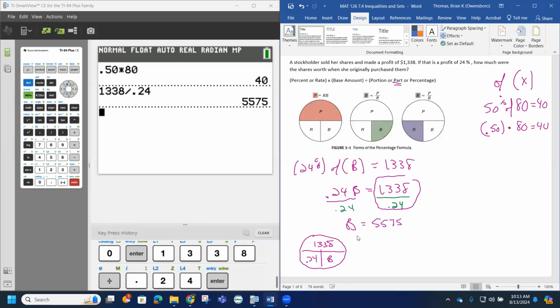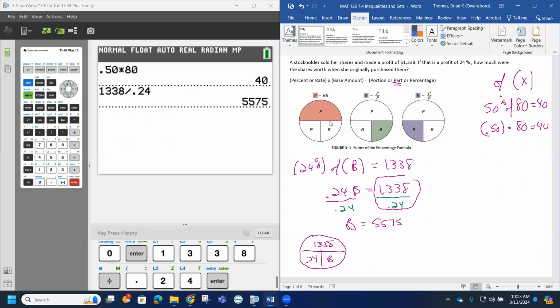That would be another way to approach the problem. Notice how these are all the same, but here you're looking for the part and here you're looking for the base. This is the model we're actually using, because this is the unknown, and these would be the knowns in the problem.